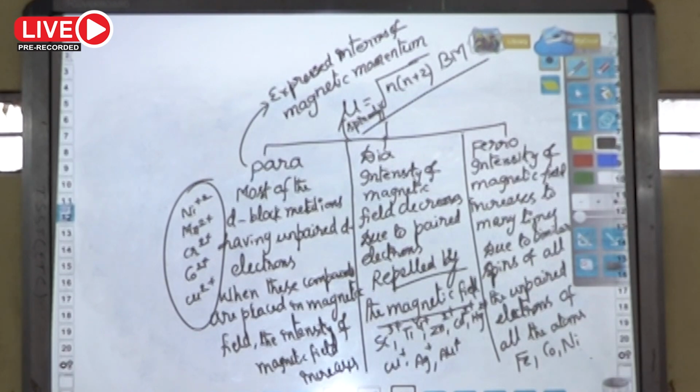So this moment term in chemistry we are using at two places. One is dipole moment, another is magnetic moment. What does dipole moment suggest to you? How much polarity is present in a molecule.